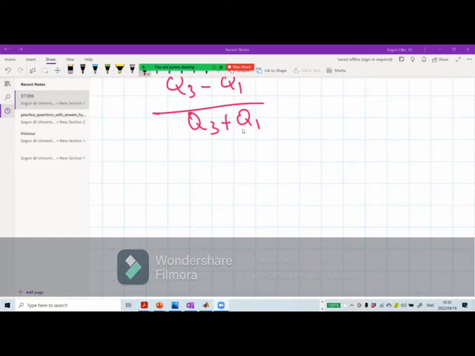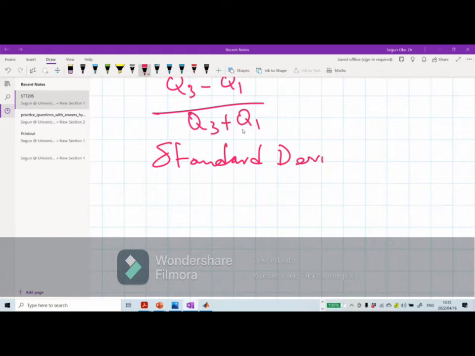Our standard deviation is divided into 2. Number 1 is when they ask you to calculate standard deviation of population.